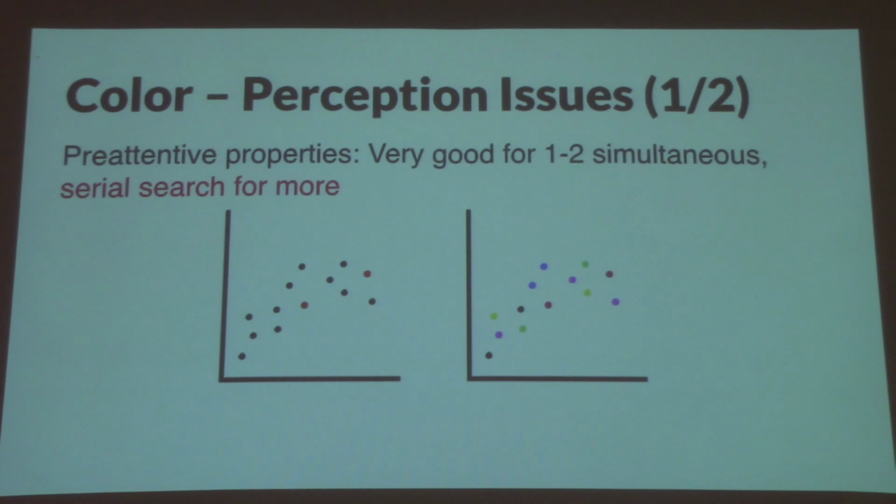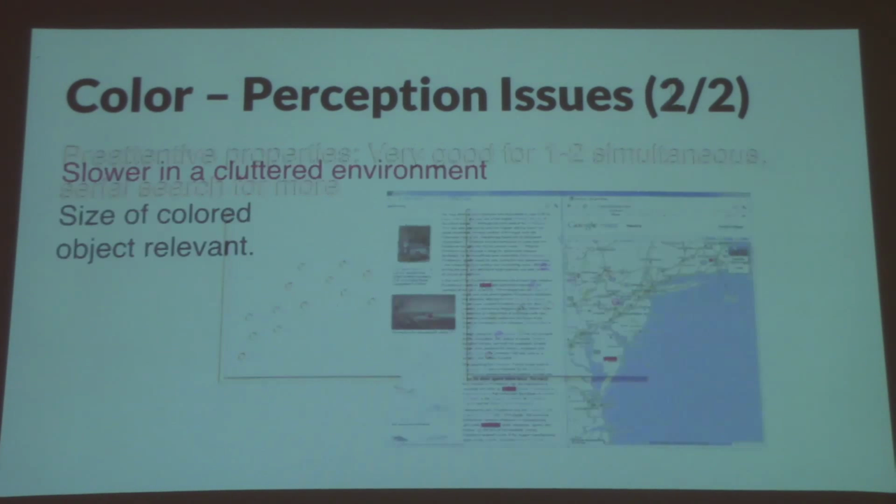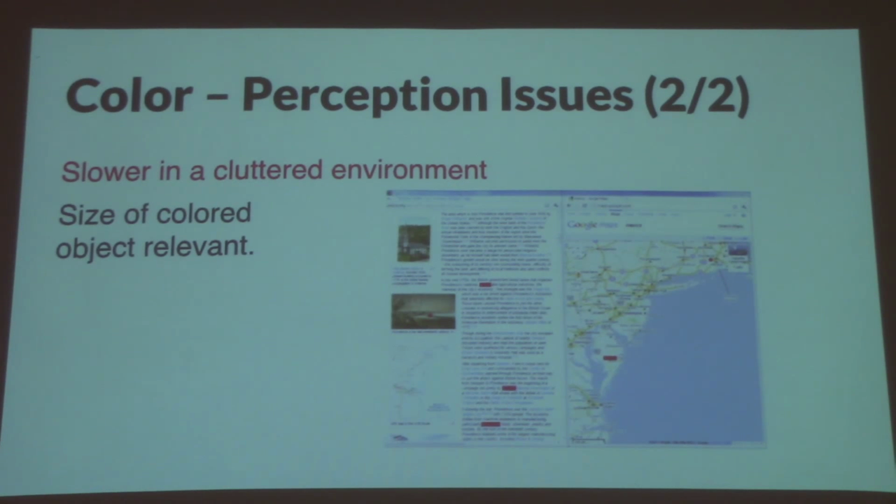Of course, we have the perception issues of color, so for preattentive processing, this works easily for those two. But if I have many distractors here with different colors, it's not as easy to group those two anymore. So these kinds of issues are of course relevant for perception.